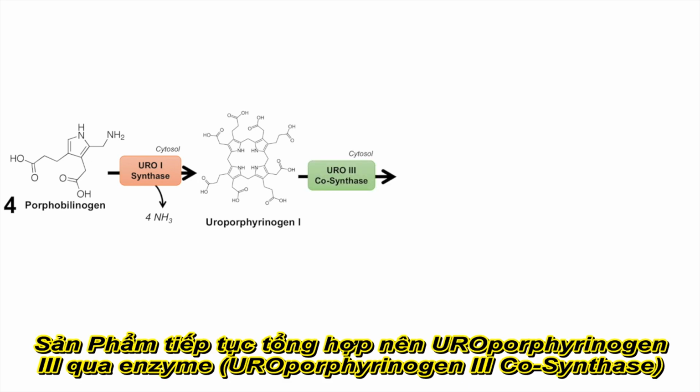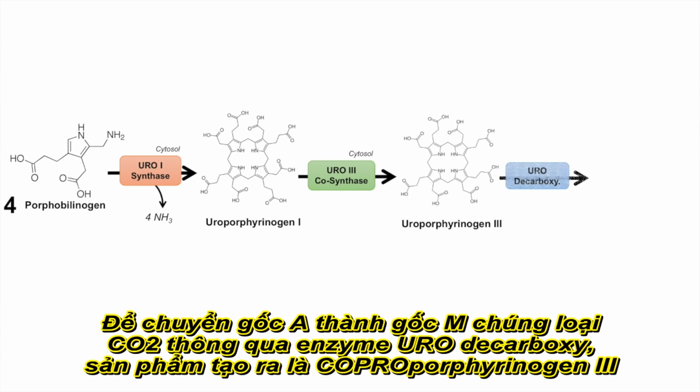Uroporphyrinogen 1 will then be processed by uroporphyrinogen 3 cosynthase, also in the cytosol, into uroporphyrinogen 3. Uroporphyrinogen 3 will then undergo a reaction with uroporphyrinogen decarboxylase to produce coproporphyrinogen 3.